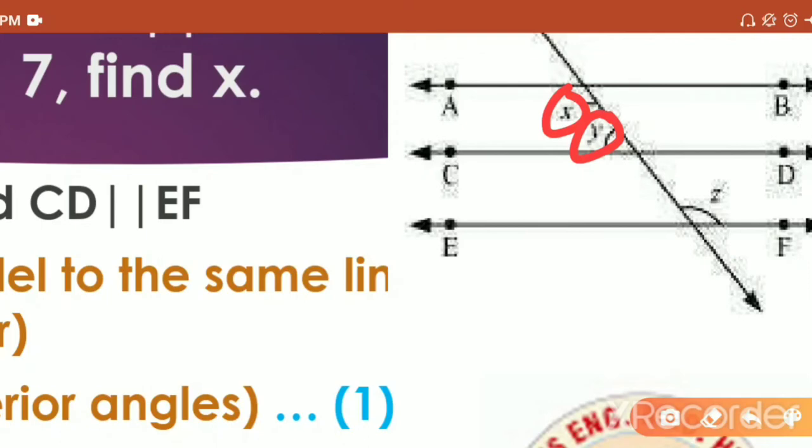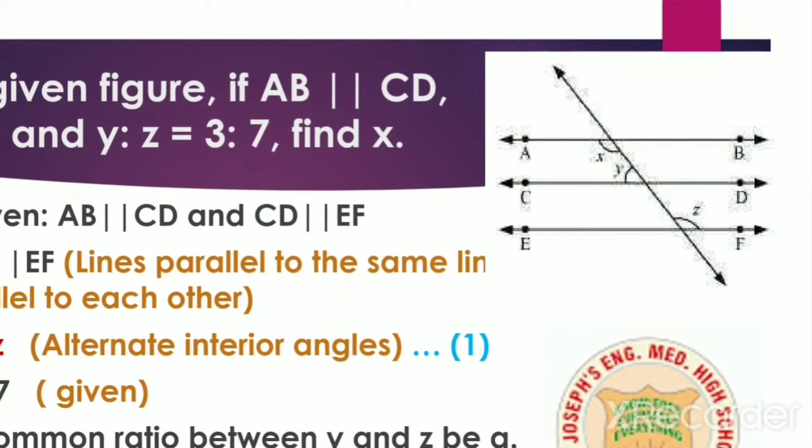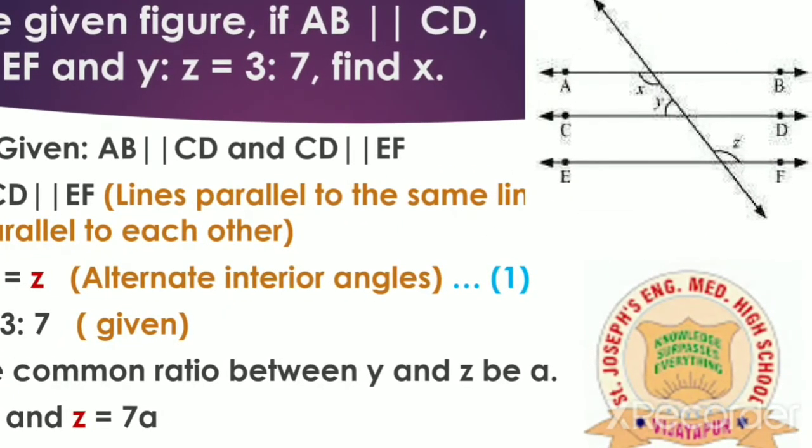We have studied that angles on the same side of the transversal inside the parallels are co-interior. If they are co-interior, their sum is equal to 180 degrees, because co-interior angles are always supplementary.